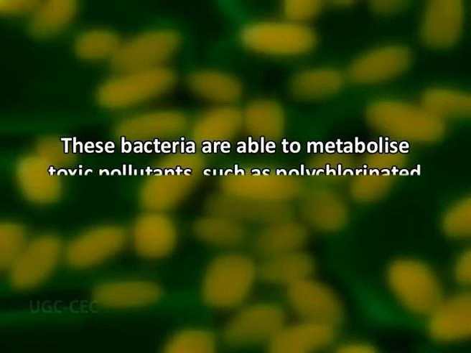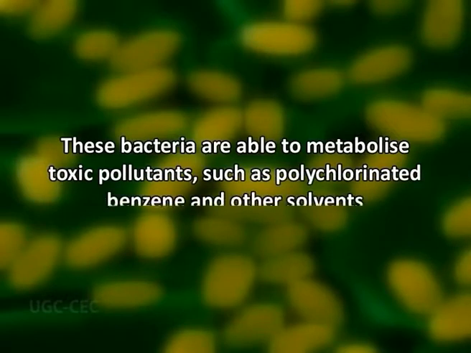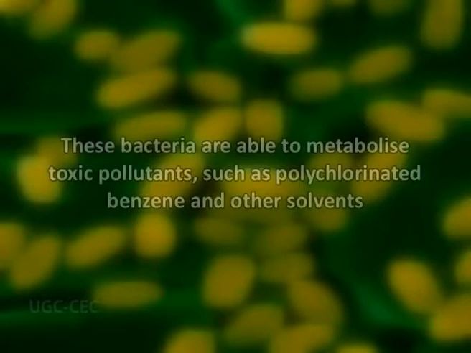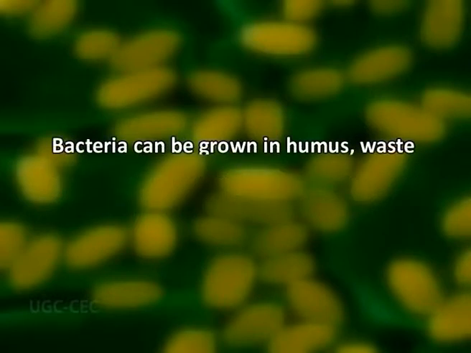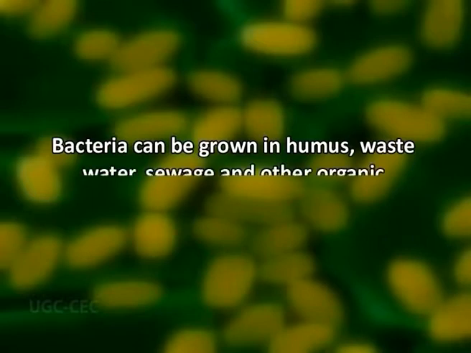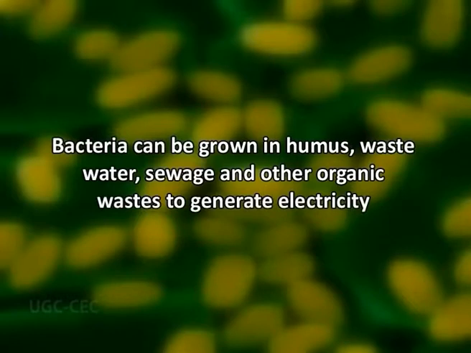They are also known for their ability to break down or metabolize toxic pollutants such as polychlorinated benzene and other solvents. Therefore, these bacteria can be grown in humus, wastewater, sewage and other organic wastes to generate electricity which can be used to run small electric appliances.